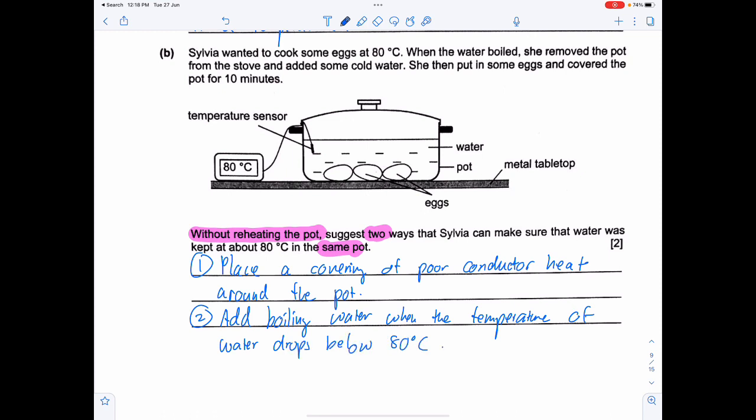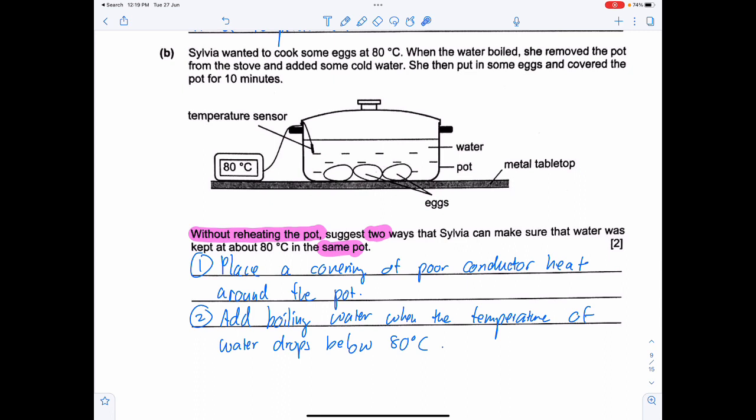Now, I must caution you on this answer. Some of you are quite smart. You got this. But unfortunately, you don't say add boiling water. You say add water at 80 degrees Celsius. If the temperature is below 80 already, you add 80, it's still going to be below 80. Think about it. If the temperature drops to, let's say, 70 degrees Celsius, and then you add 80 degrees, won't the water be about 75 degrees?